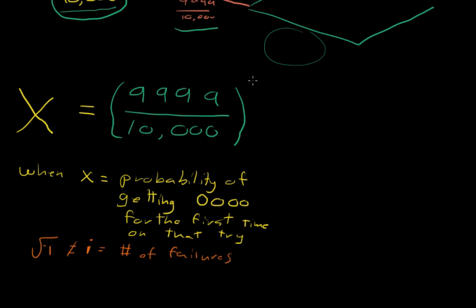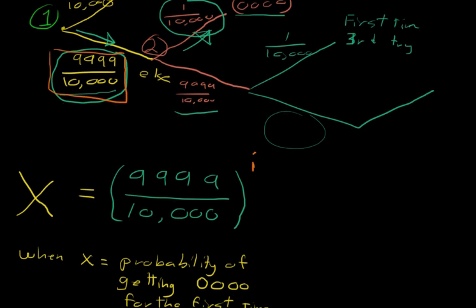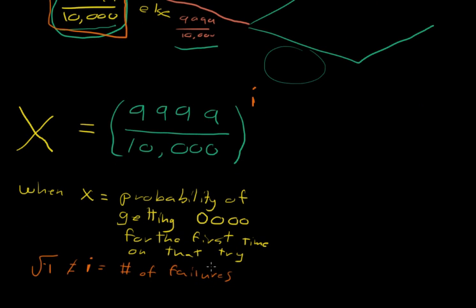And then I'm going to put I up here. And I hope this makes sense, because we're taking this quantity, or this probability, and we're multiplying it by itself for every downward movement. And the only time we move downward is when we fail to get 0, 0, 0, 0. Everything that isn't, or the number of tries that didn't result in this thing is what I is. So that's how many times you try before you get it.